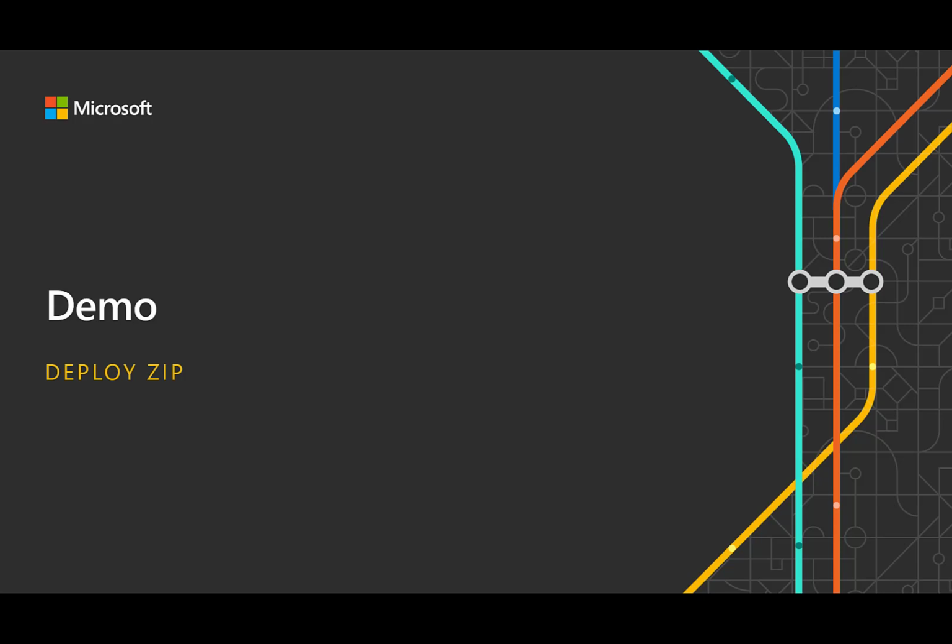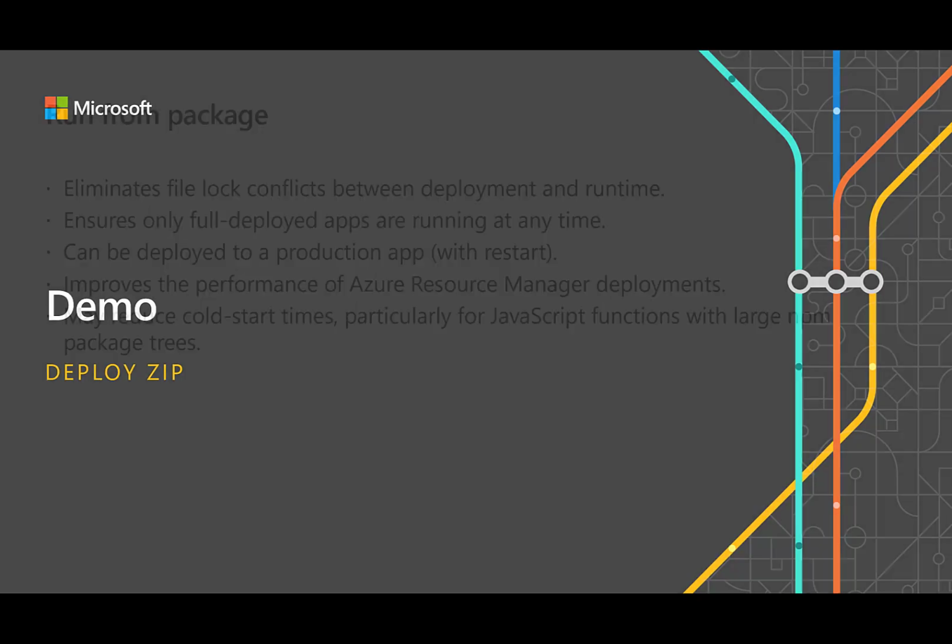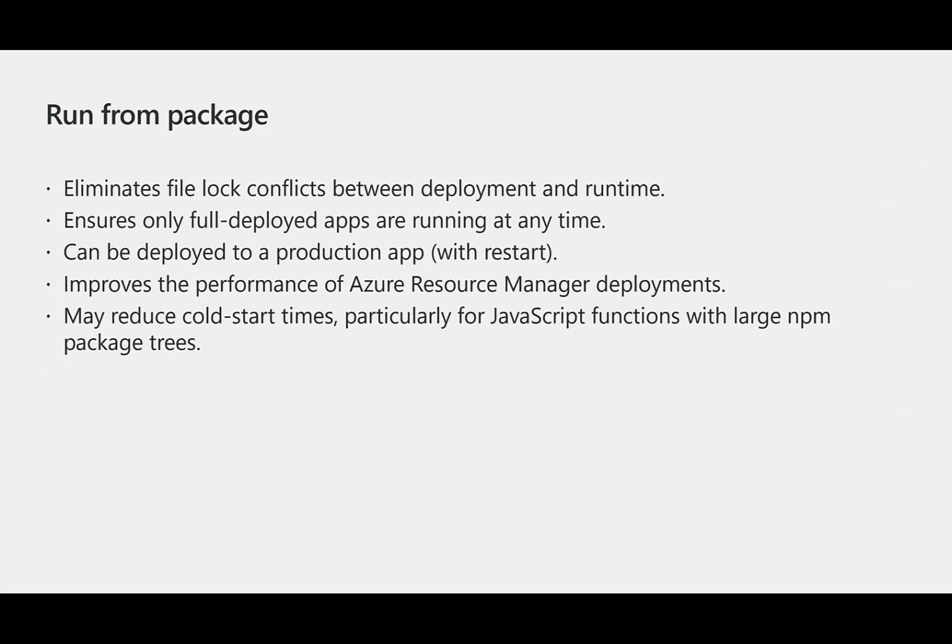Next, we are going to look at run from a package. All the deployment methods in your app service deploy the files to the D:\home\site\wwwroot directory in Windows, and in Linux it deploys to /home/site/wwwroot.